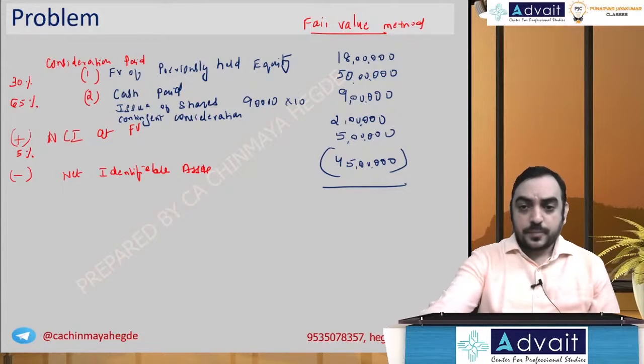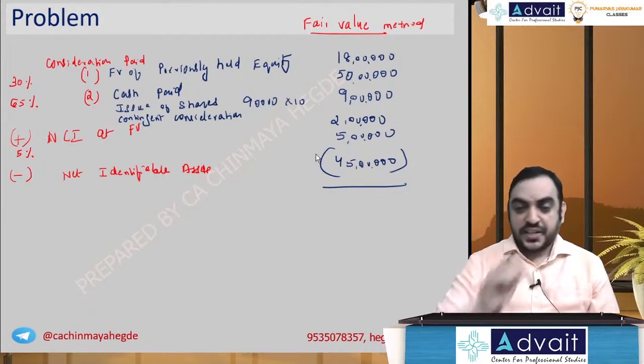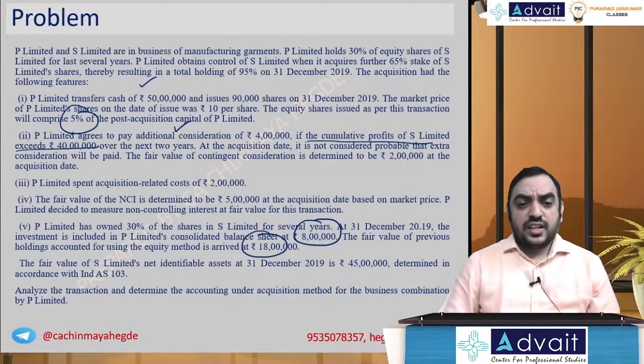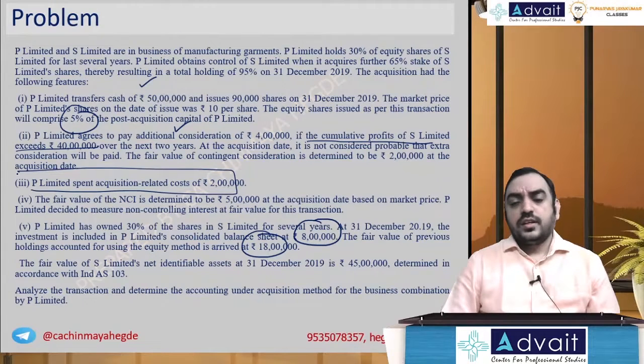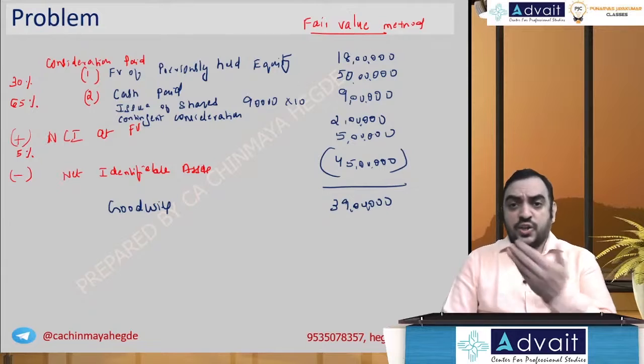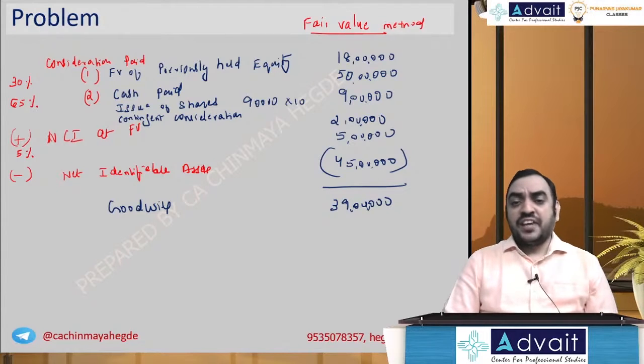You get a positive number, 39 lakhs. 39 lakhs is goodwill. And regarding this acquisition cost, as per Ind AS 103, acquisition costs are expenses taken to the P&L account, not affecting goodwill.